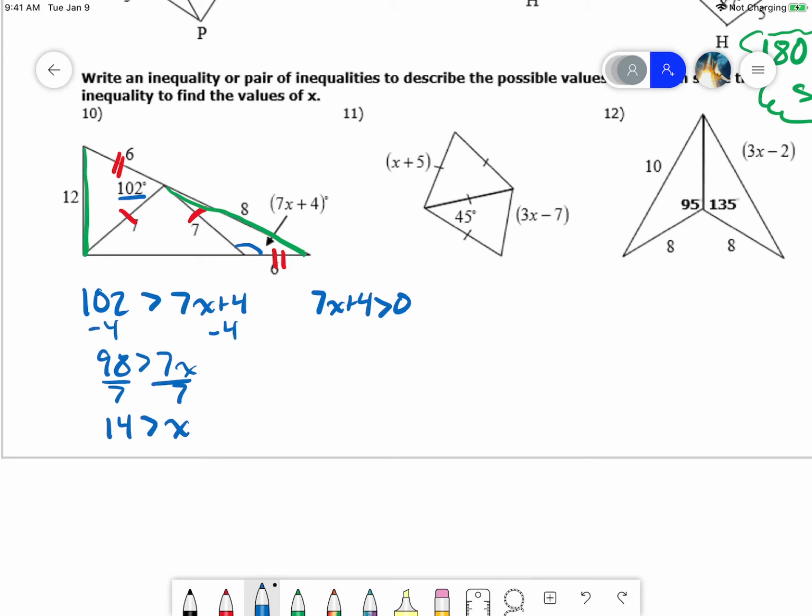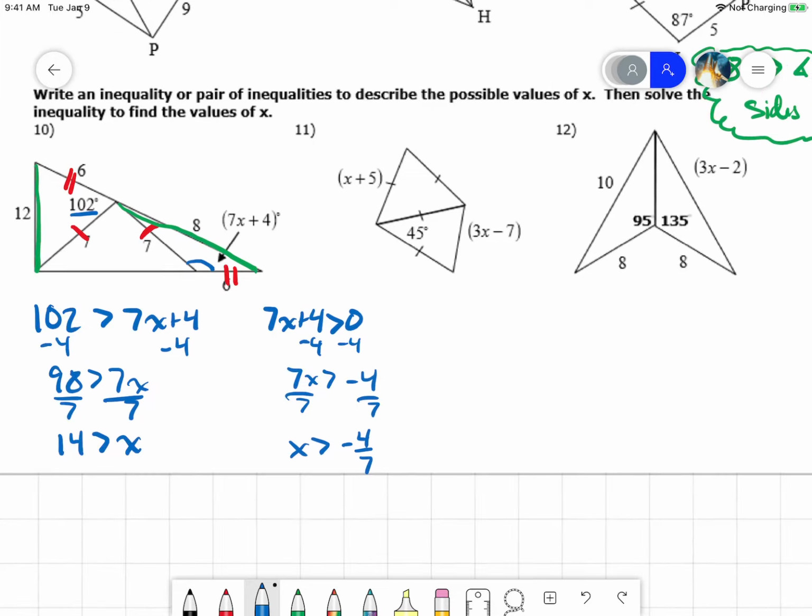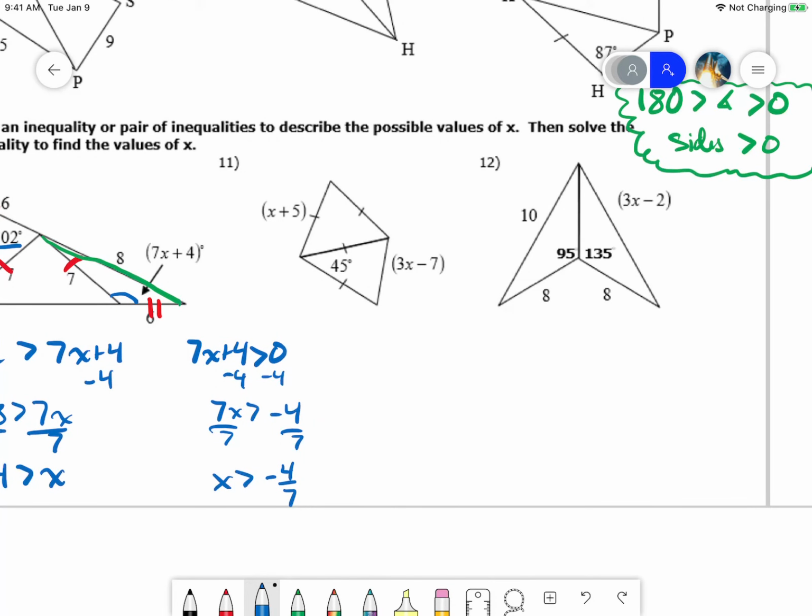Then I subtract 4 and get 7x is greater than negative 4; divide by 7 and x is greater than negative 4 over 7. Those are the two inequalities for this angle. It has to be greater than 0 but less than 102. Please keep in mind that since 102 is less than 180, it already satisfies the first half of this.